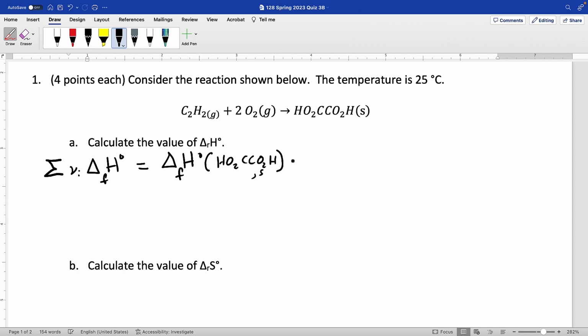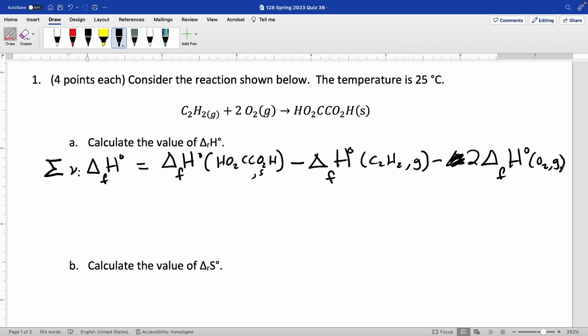Then we subtract the heats of formation of each reactant: the heat of formation of ethylene, and then the heat of formation of our other reactant, multiplied by 2, oxygen gas. Oxygen's standard state is a diatomic gas, and for any element in its standard state the heat of formation reaction would just be oxygen being formed from oxygen. That's a heat of formation of 0. So all elements have a heat of formation of 0.